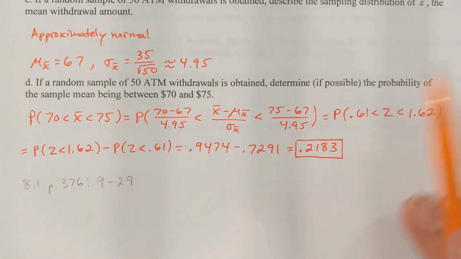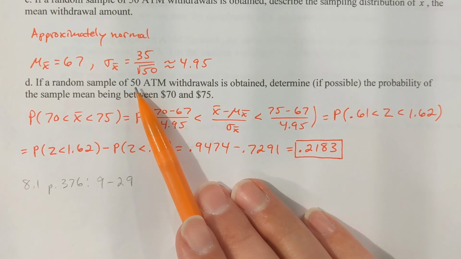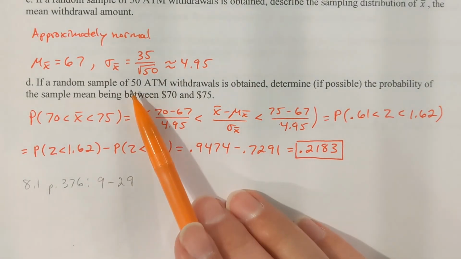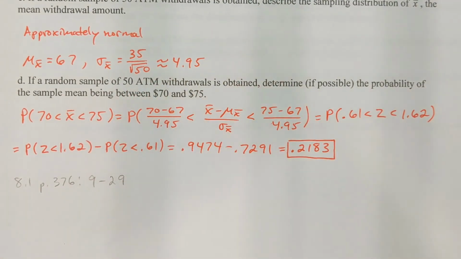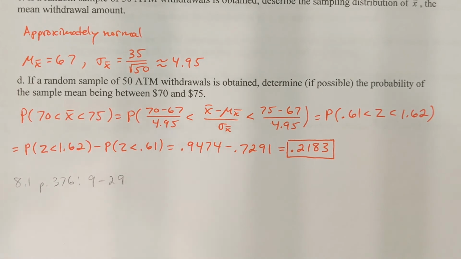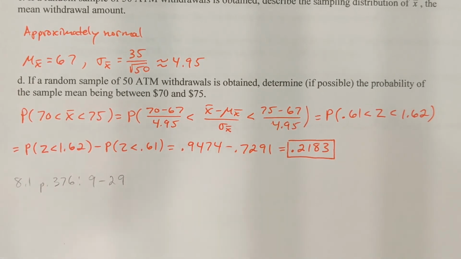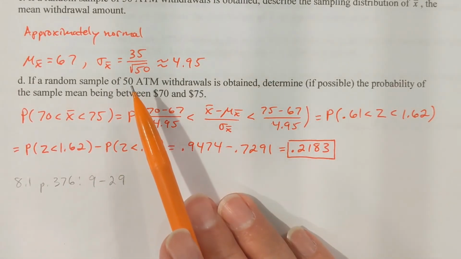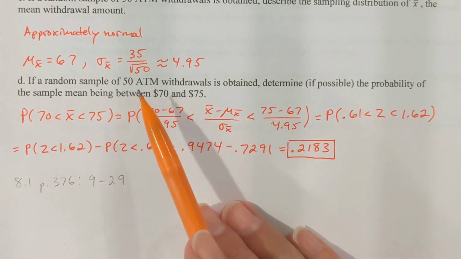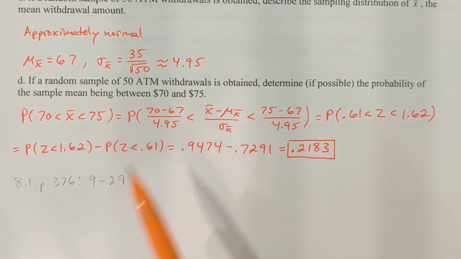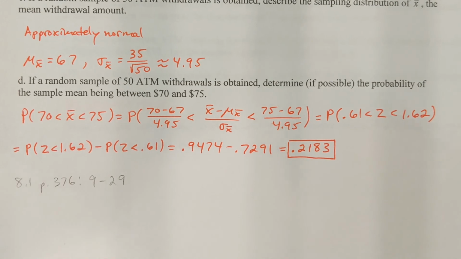But in Part D, we now have a sample size that is big enough. Again, the central limit theorem says that the sample size has to be at least 30, and so the sample size is big enough here, for this population, which is clearly not normal.